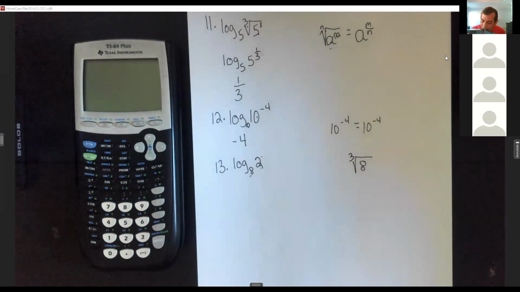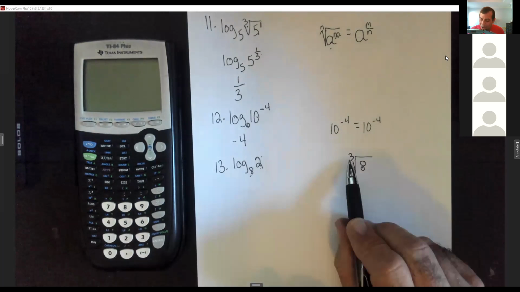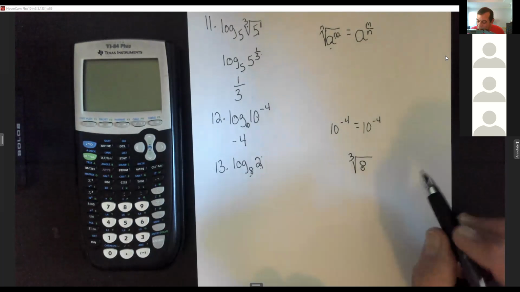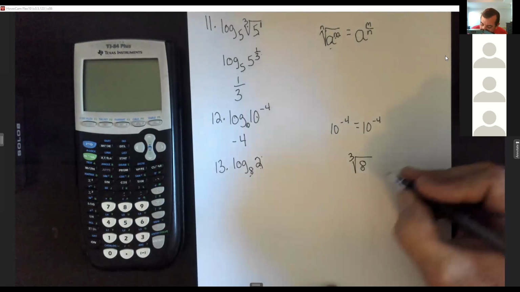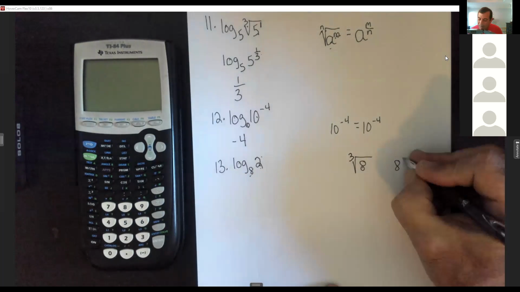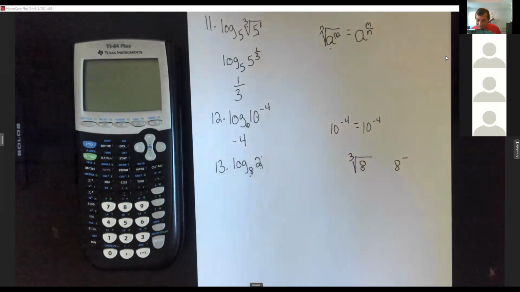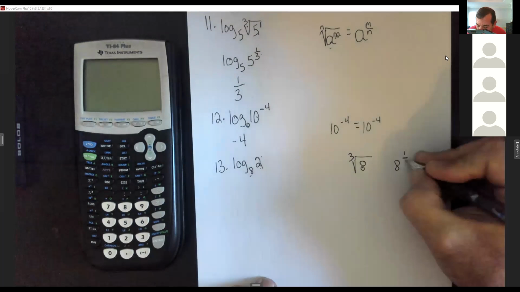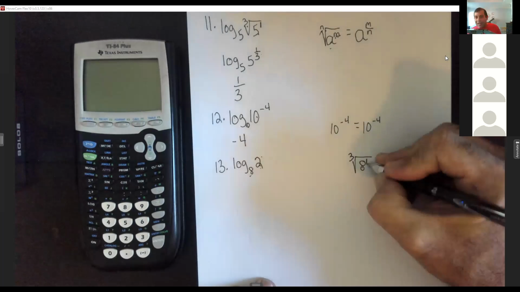So cube root of 8 equals 2, right? But I'm wondering, how would I write the exponent from that radical? 1/3. Would y'all just say 1/3. 1/3. There you go, because you remember there was a 1 by the 8.